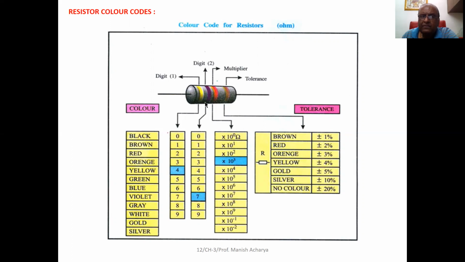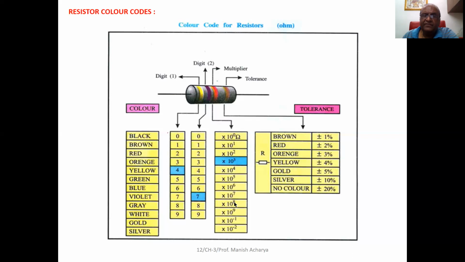The first two color bands will always be from black to white, which decide a figure of two digits, out of which the first color band gives the tens value and the second color band gives the ones value. Then the third color band gives the multiplier in terms of power of 10.